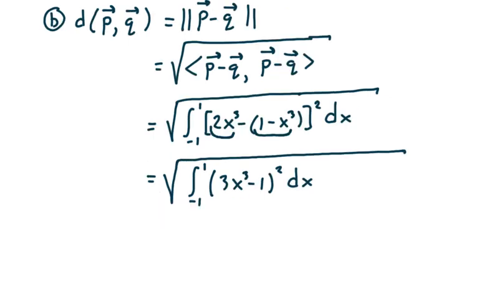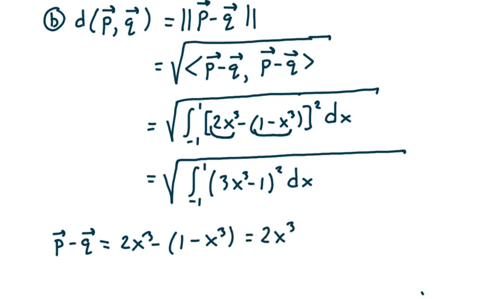Part B. Suppose I want the distance between P and Q, but that's the norm of P minus Q. And that's the square root of the inner product of P minus Q with P minus Q. Now, don't forget, if I take P minus Q, this is 2x cubed minus, in parentheses, 1 minus x cubed.